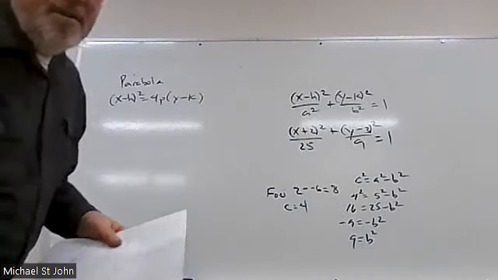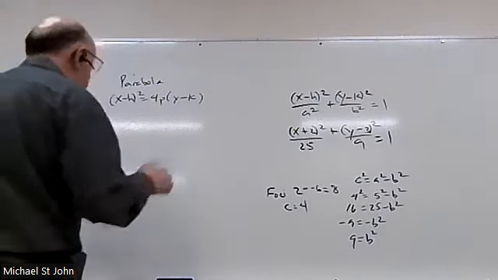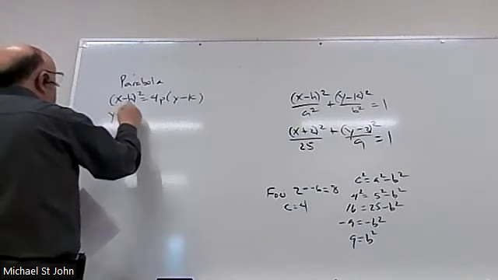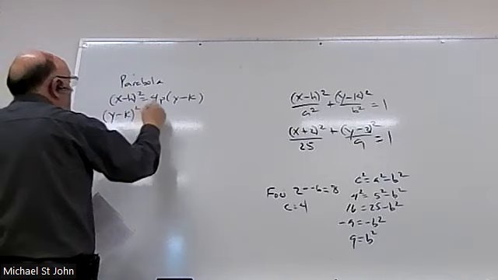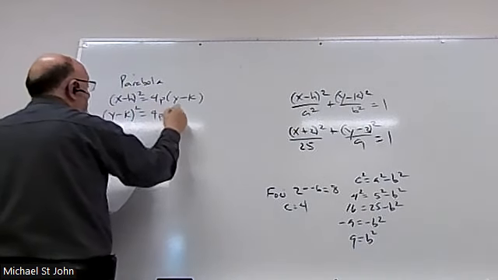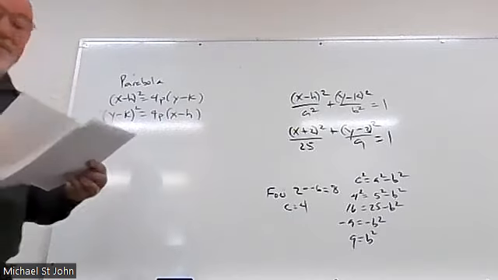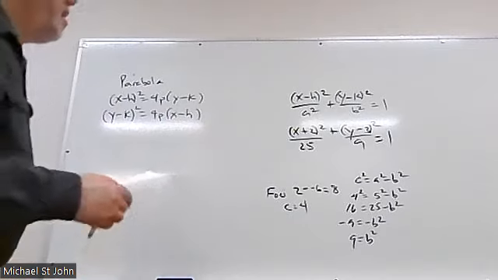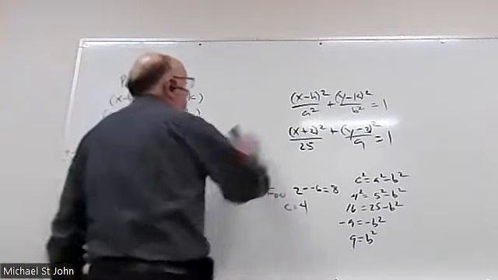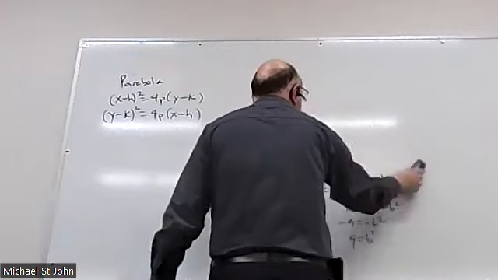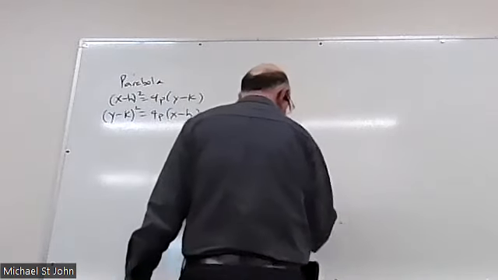So you have this formula, and then the other one is this form. Those are the two forms we're using. So let's do an example here of a parabola.